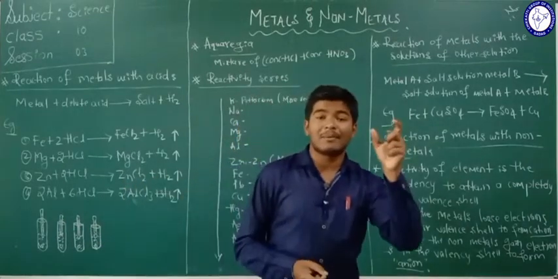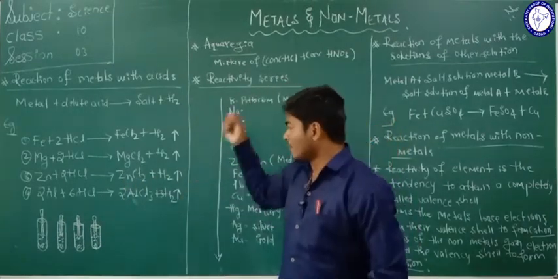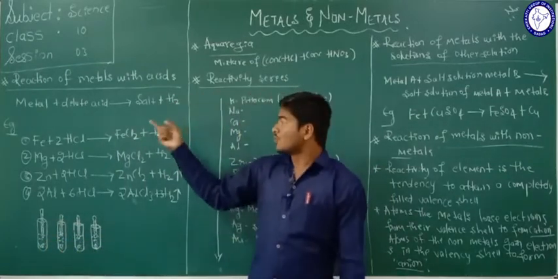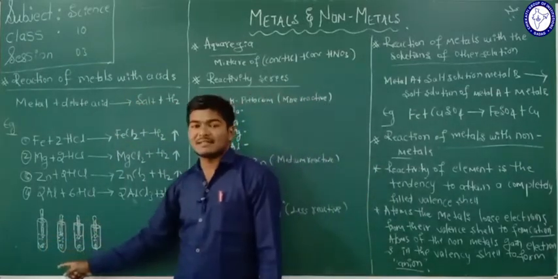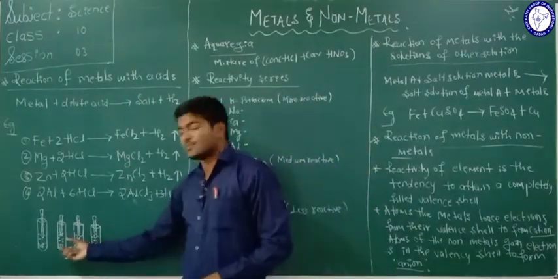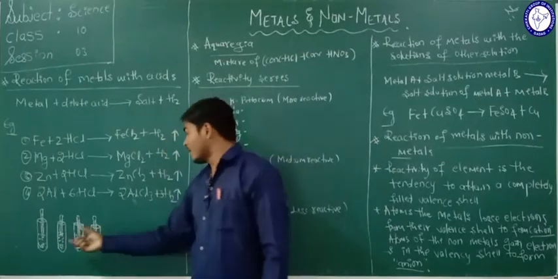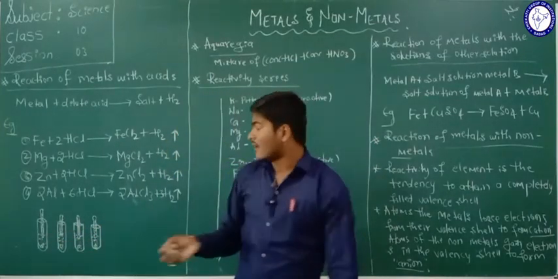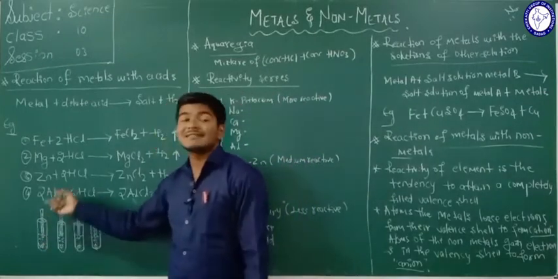You have to clearly observe here, when you place the metals into the dilute HCl, which is an acid, the metals react with the acid and small bubbles form in the test tubes. So some small bubbles are coming here, and also there is a rise in the temperature.